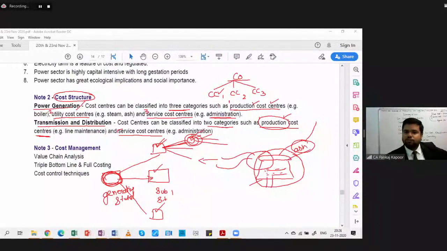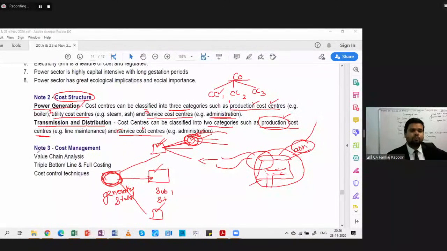So obviously the transformer will be considered as a production cost, but the department which is responsible for operating the transformer into a good, running status will be considered as a service cost center. Okay. No doubt we spent less time on this, more time needs to be spent. There is a further explanation, but I feel that this is reasonable at this particular stage, considering the time available to us.